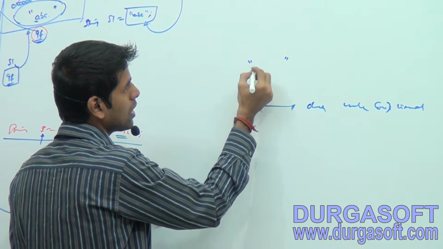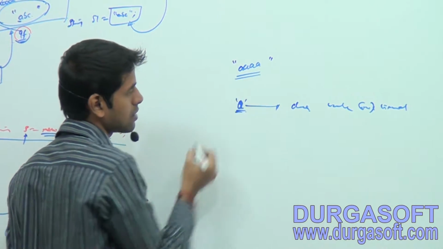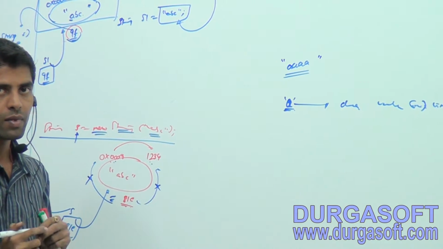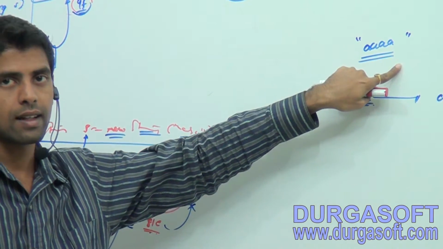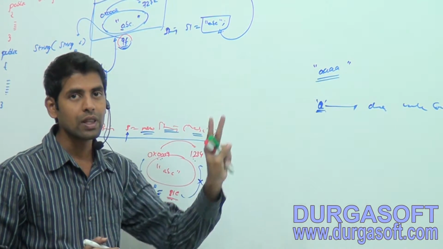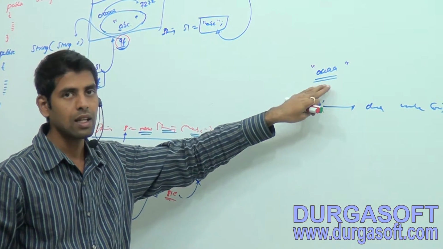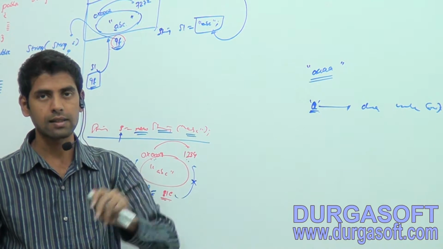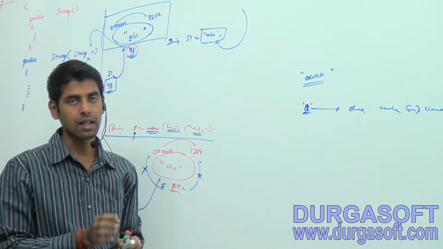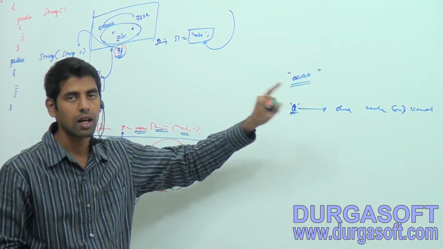Okay, now if I place a sequence of characters within double quotation, here you don't have any restrictions on the sequence of characters, that is, the length of this string is what?